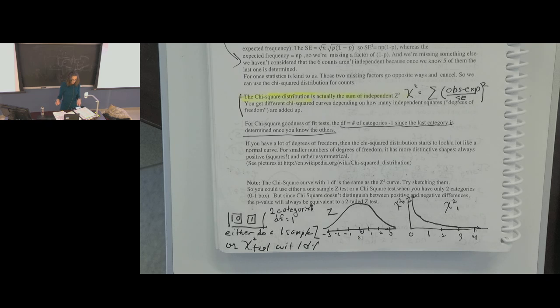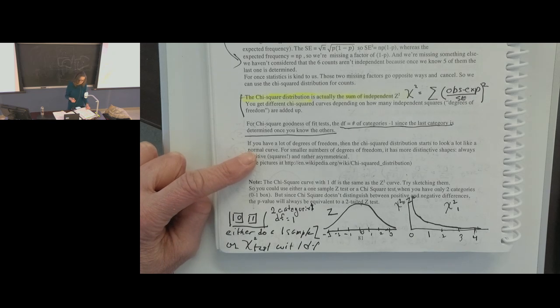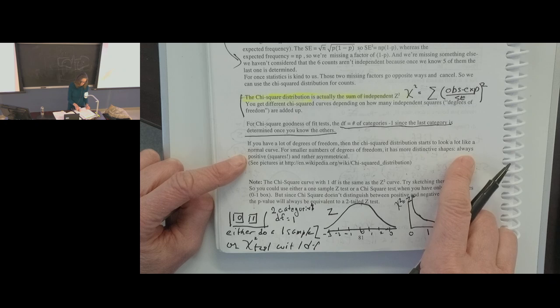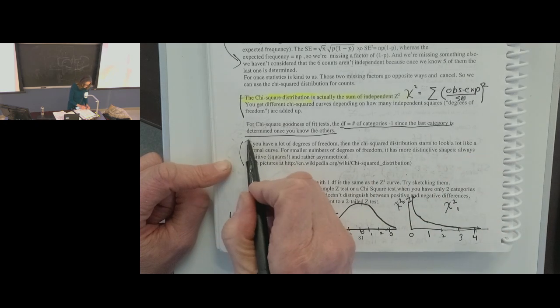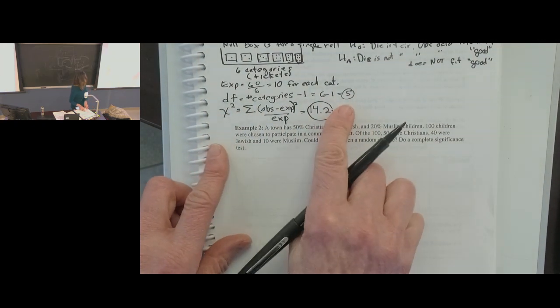So that's the idea. Now, what does a chi-square test look like with more degrees of freedom? If you have lots of degrees of freedom, the chi-square distribution starts to look a lot like the normal curve. So why don't we check it out right here for 5 degrees of freedom.